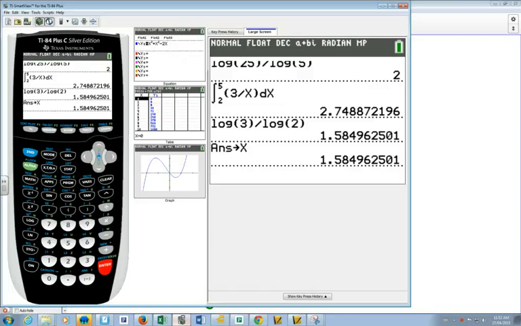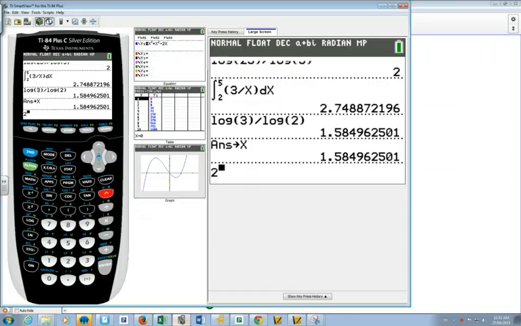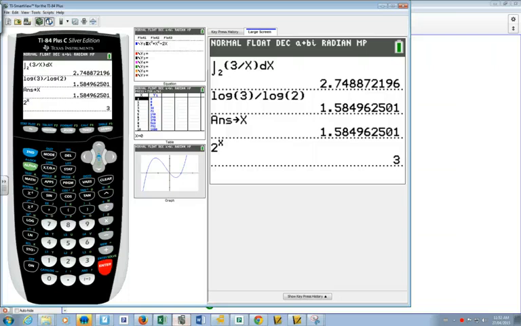You just plug your answer in and you'll know right away on your test whether you got your question right or whether you have to go back and see where you made a mistake. Because this question was asking, what is 2 to the power x? And if I plug that in, I should get 3. And since I did, I know that my answer was right at 1.58.